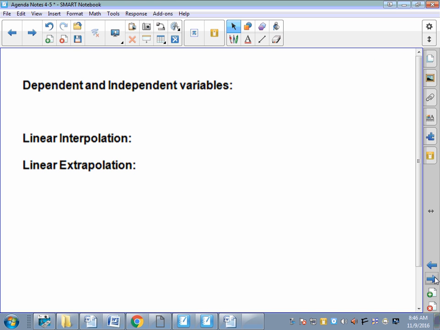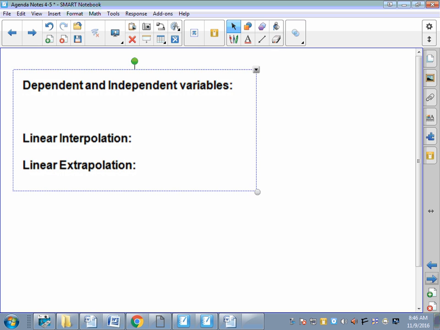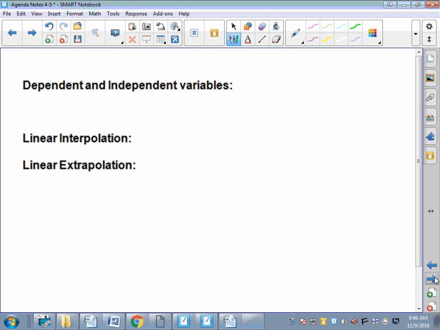So let's talk about dependent and independent variables. I feel like we've talked about this before. Independent, remember, is always the x values. The x-axis, that's the values we pick on an xy table. The dependent are always the y values. Remember, independent is also the domain, x values.